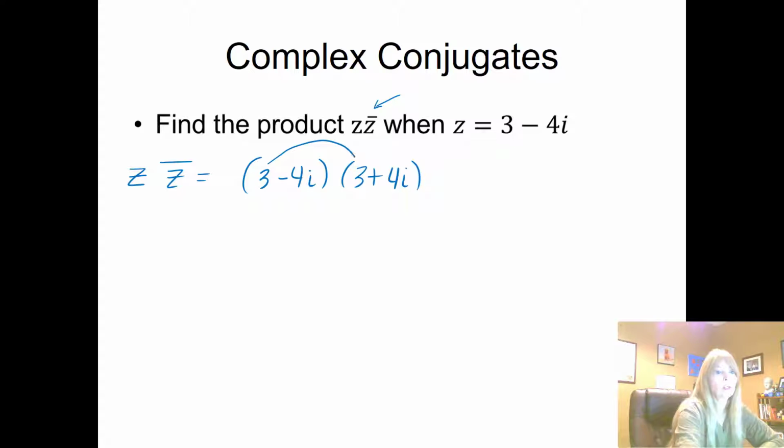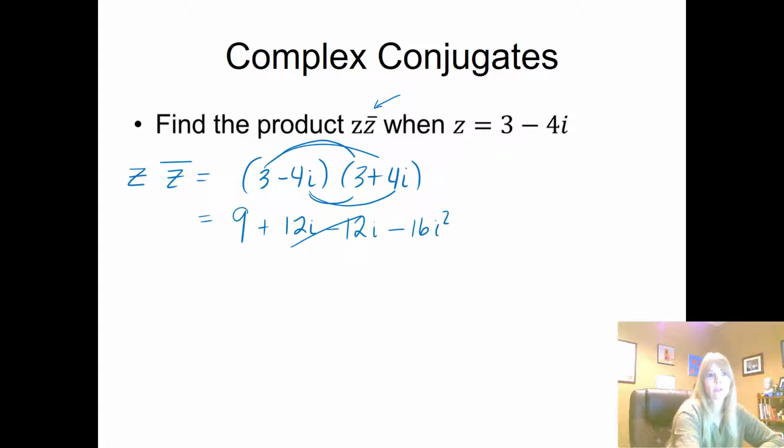Well, again, I'm going to FOIL. So 3 times 3, 9, 3 times 4 is 12i. And hopefully you remember from your algebra days, what happens here is that the middle term cancels out.